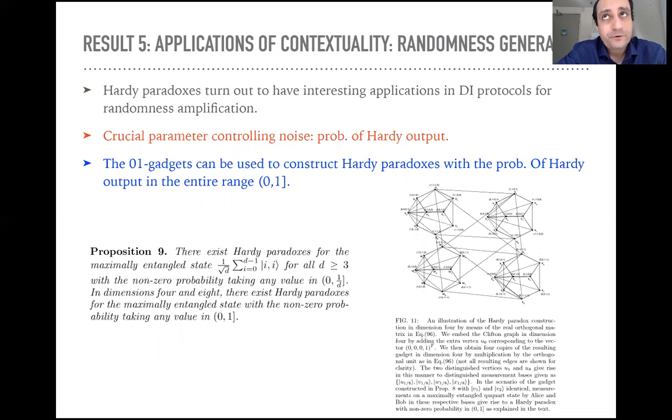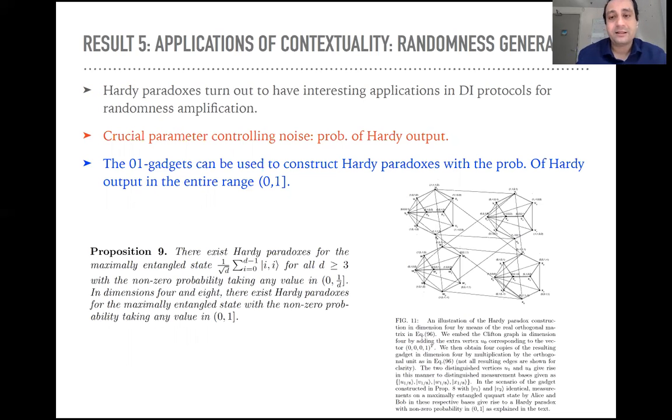And this was improved up to a value of 1/2. So what is the maximum value of this Hardy probability? We show by means of these constructions that are given in detail in the paper that you can increase the value of the Hardy probability, not only to 1/2, but you can actually go all the way to 1. Okay, so this completely solves this open question which was open for a very long time in the field of Hardy paradoxes.